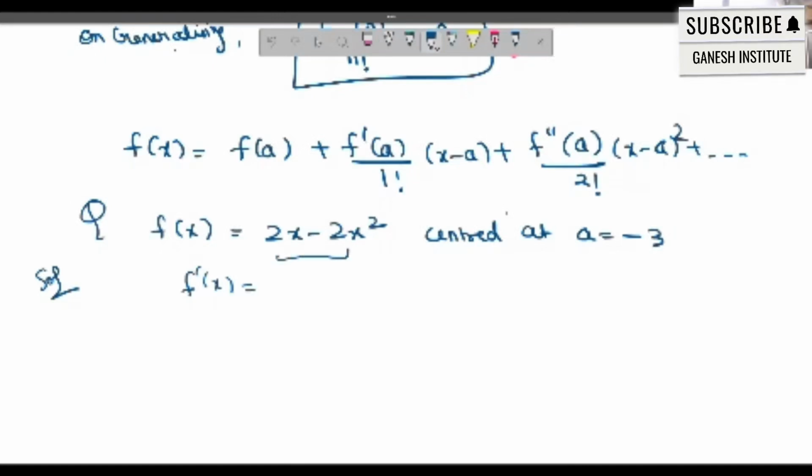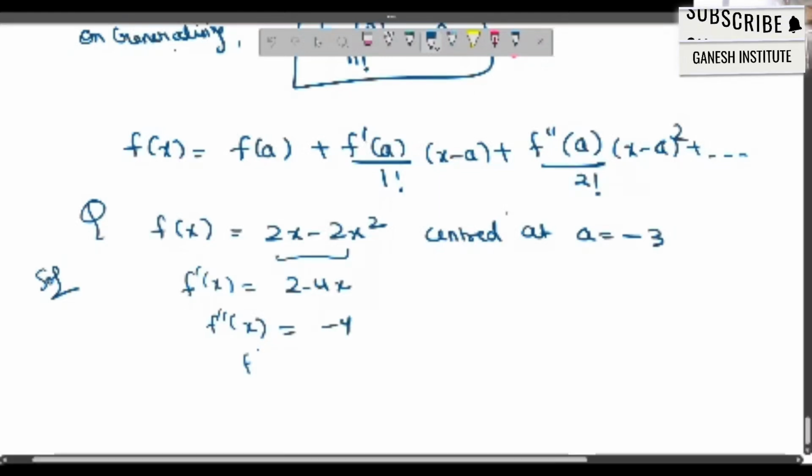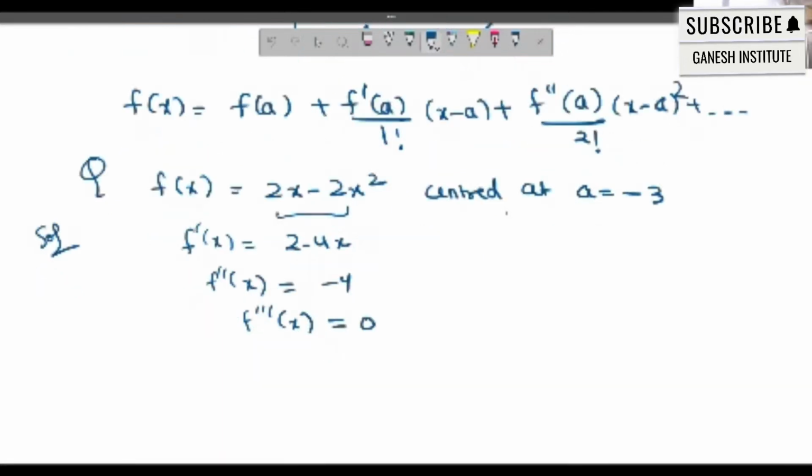Differentiation of this, 2x is... Sorry, yes, 2 minus 4x, correct. And then f double dash 0. Then, okay, got it. The double derivative f double dash x equals minus 4, and the triple derivative is 0. So I don't need to find out other higher derivatives.